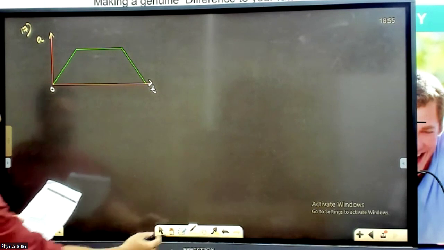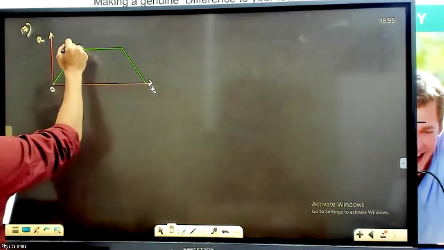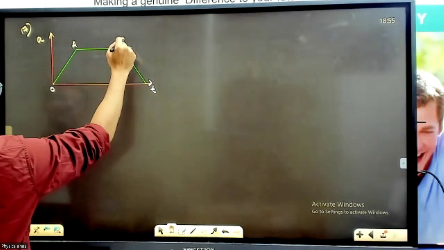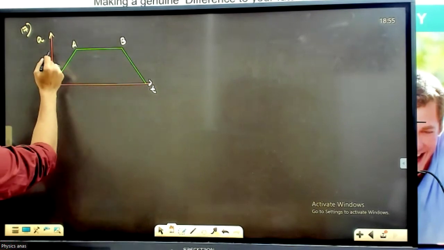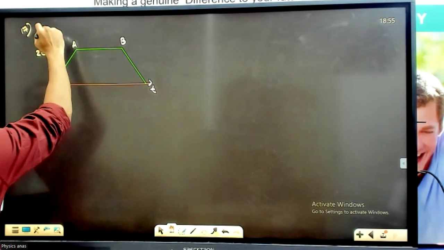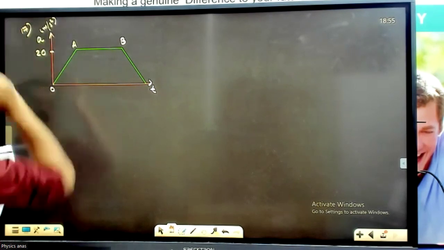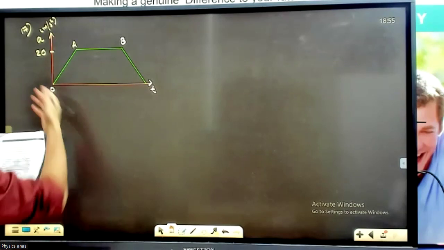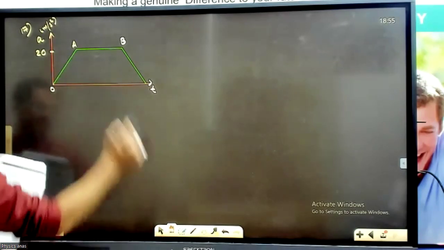Okay? And what are the values? Here you have A, here you have B, and the acceleration is 20 meter per second square. That's the unit of acceleration. And there is a 10, which I am not marking.